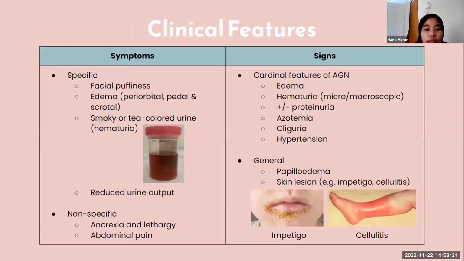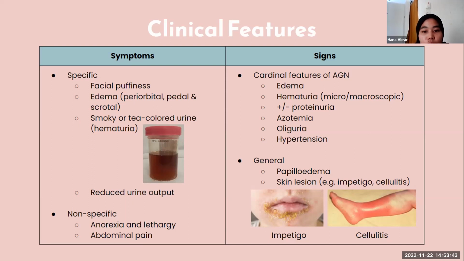So clinical features. On history taking, the patient might present with specific symptoms of AGN, which are facial puffiness, edema, either periorbital, pedal, or scrotal, smoky or tea-colored urine, which indicates hematuria, and reduced urine output. Patients may also present with non-specific symptoms such as anorexia, lethargy, and abdominal pain.